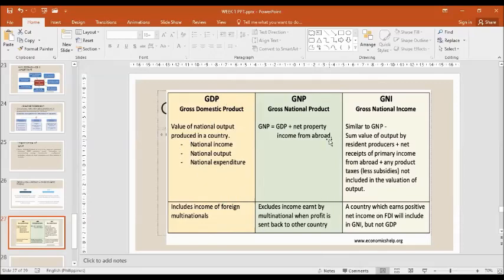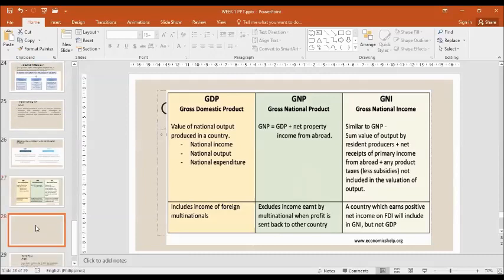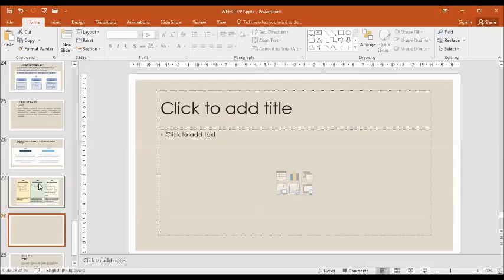And for GNP, it excludes income earned by a multinational when the profit is sent back to the other country. Okay. So that's the end of our discussion for our week 1 topic.